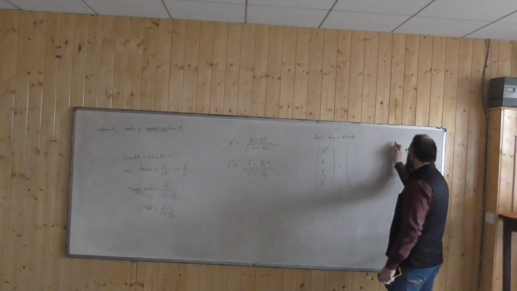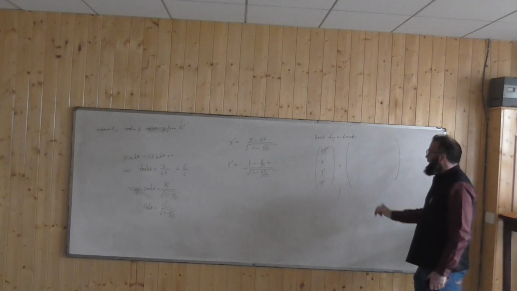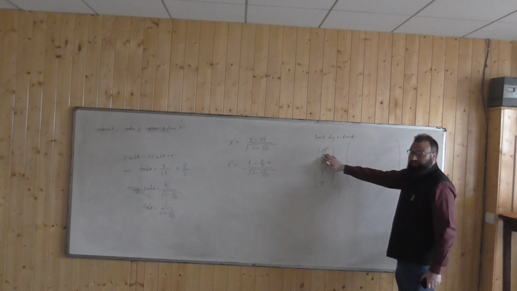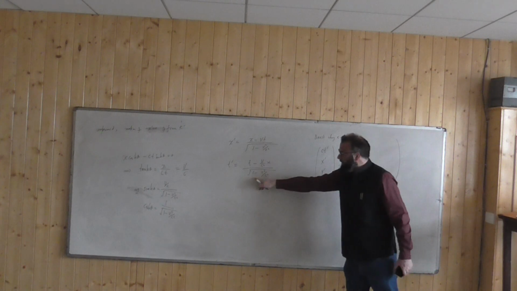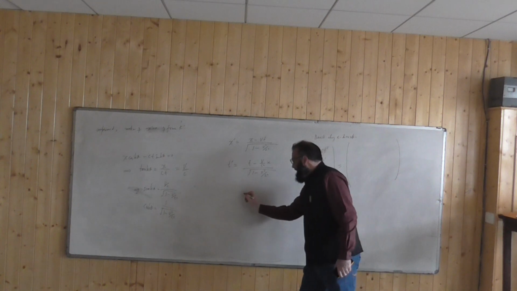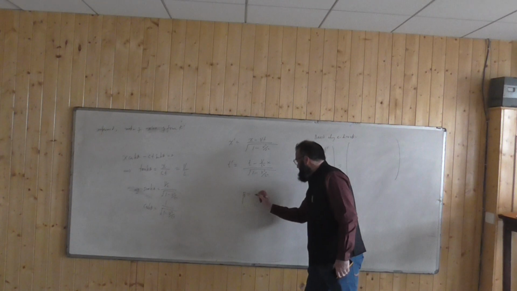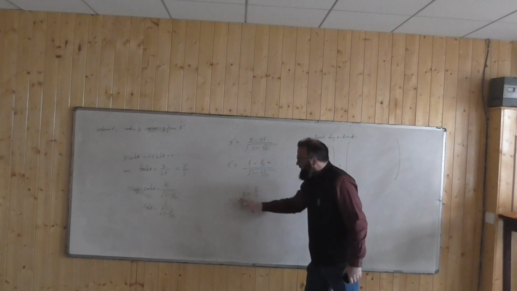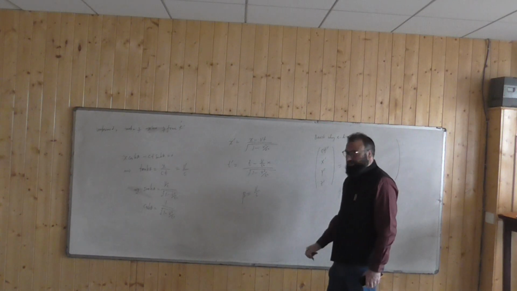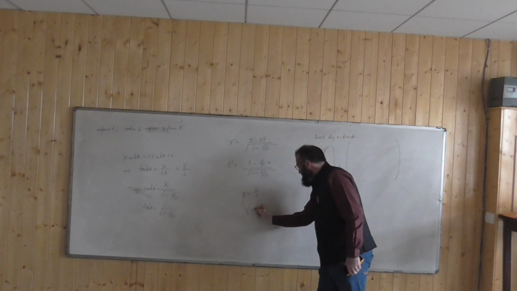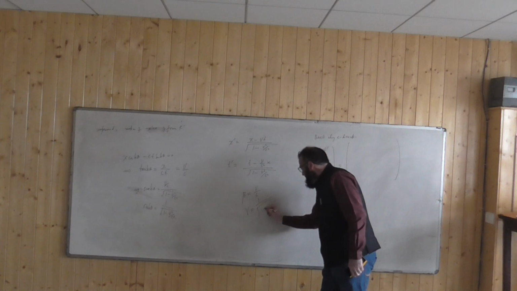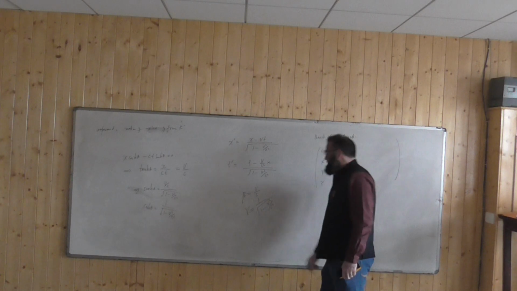So I can write it in this matrix form. What is the term here? I am taking ct. Let's define beta is equal to v by c, that will be simply tan hyperbolic theta. And let's write gamma is equal to 1 divided by root of 1 minus v square by c square.